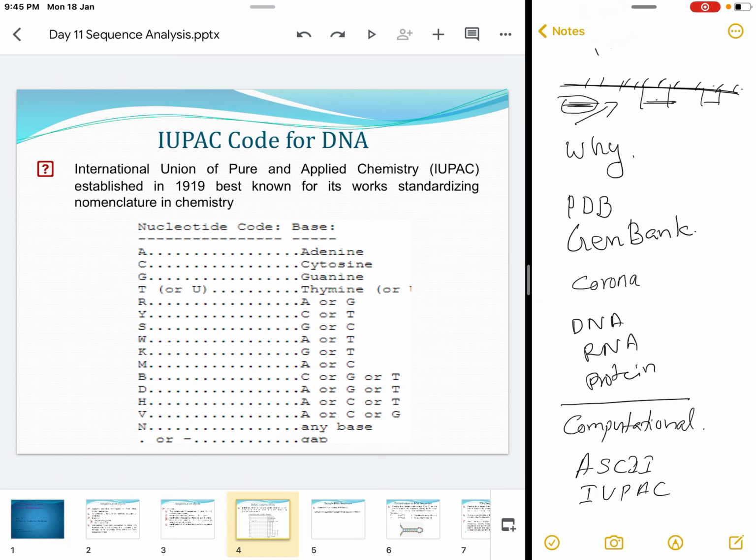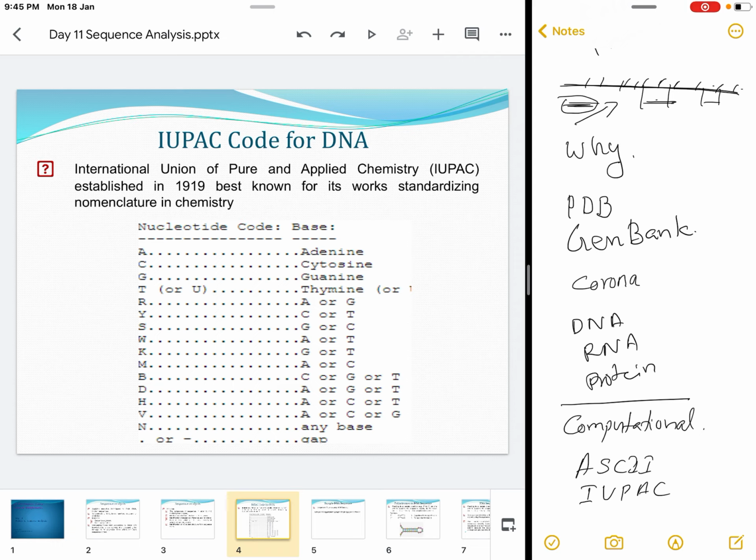It was established in 1919, and it has derived many terms in chemistry as well as physics and some related areas. So the standardization of nomenclature in chemistry is done by this particular organization, the International Union of Pure and Applied Chemistry.